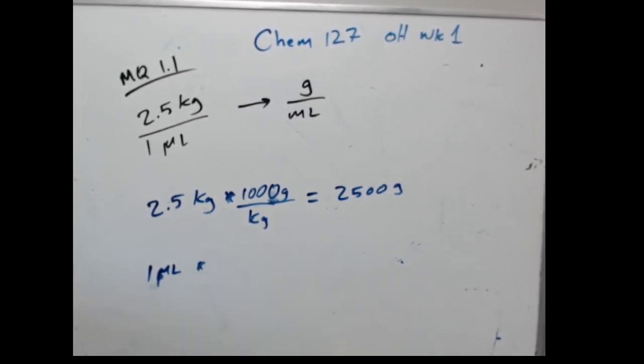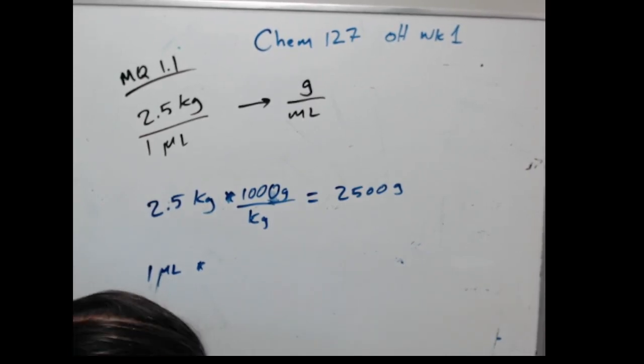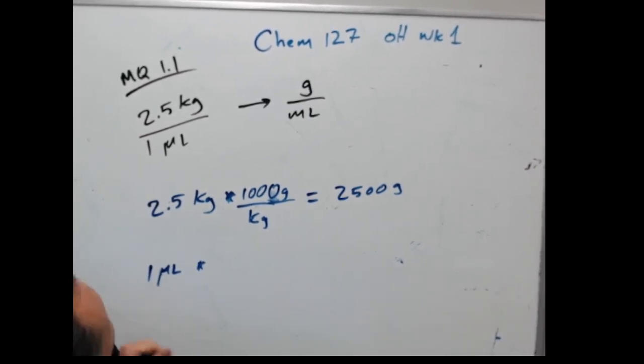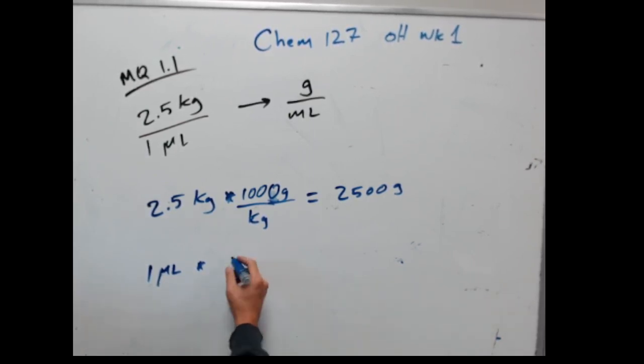Now this one is in the textbook in chapter 1. It was also on the slide about volumes because microliters does come up every once in a while. Micro means 10 to the minus 6. So if I'm thinking milliliters, that means if I have 1 milliliter, it's going to have 1,000 microliters inside of it.